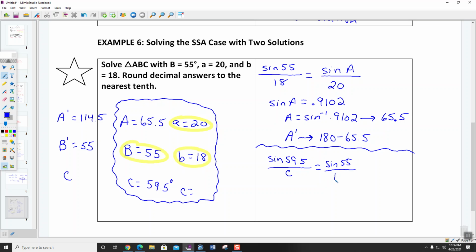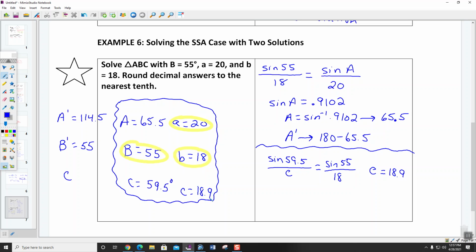You said 18.9, Laura? Yeah. Okay, so when we do that right there, we get C equal to 18.9. Okay, so my question is this, have we solved case 1 for this triangle? Yeah. Okay, if the angles are this, then the sides must be this.